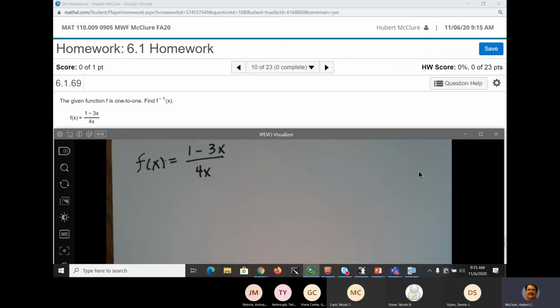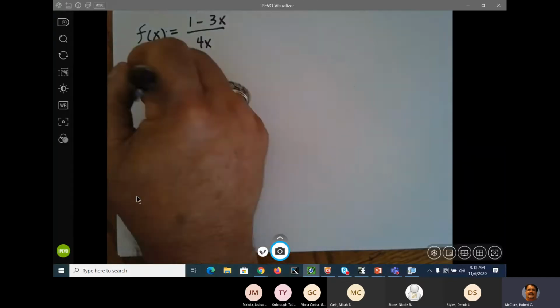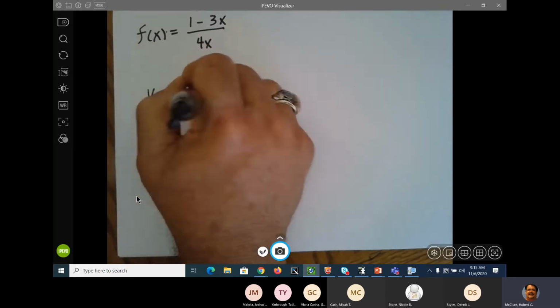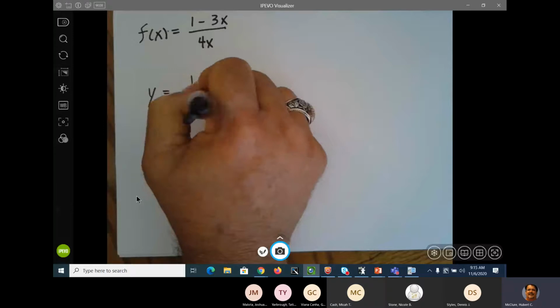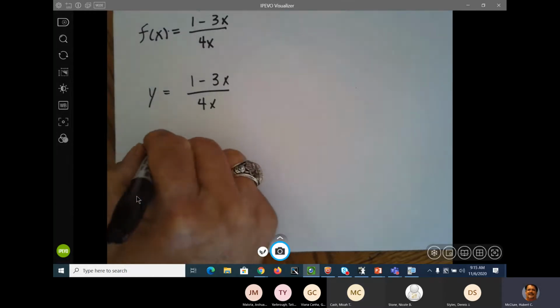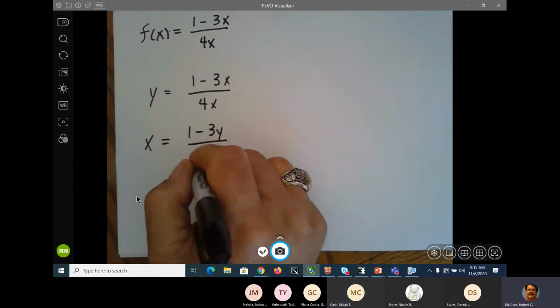And the first thing you want to do is rewrite with y. And now switch all the x's and y's. So this will be x is equal to (1 minus 3y) over 4y.